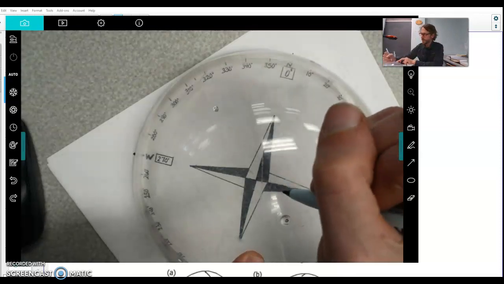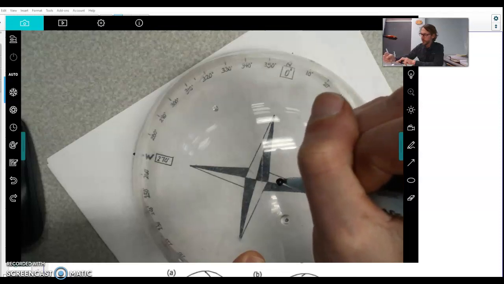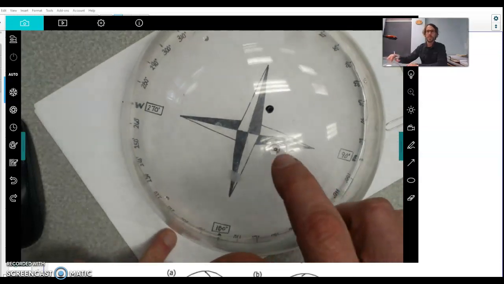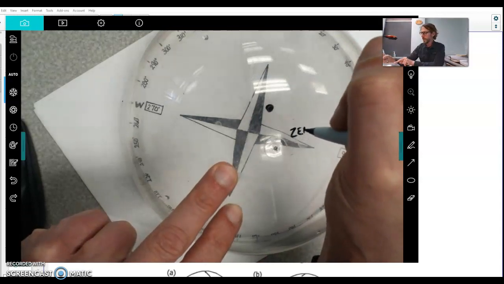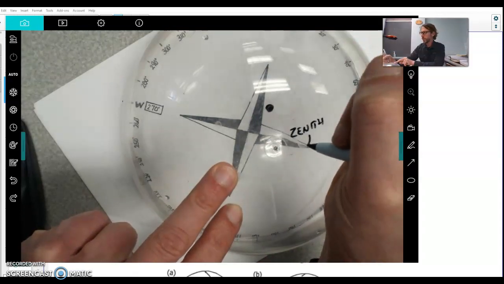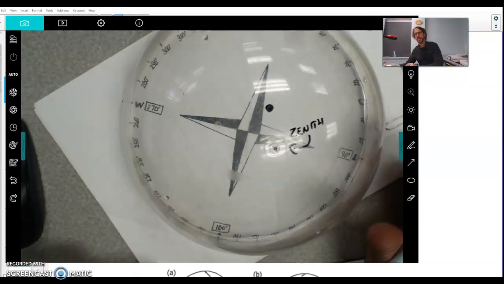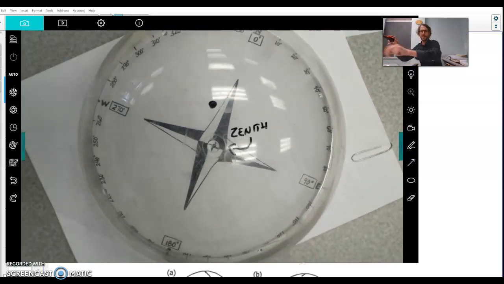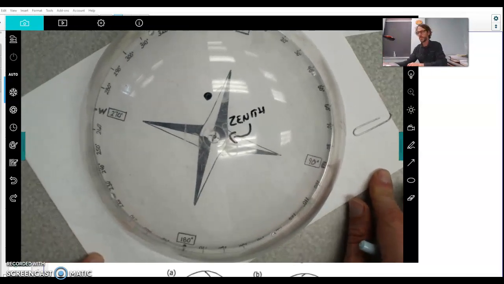I'm just going to pick where I think 80 is. You guys will have an actual way to measure this when you do the lab. Right here, it looks a little different on my camera, but this is the zenith. The zenith is the top, directly above the observer. My camera's a little angled, so it might not look like that's where it is, but trust me, it is.